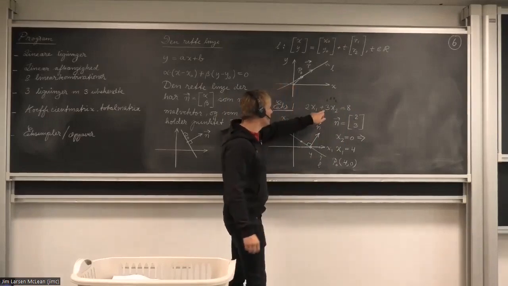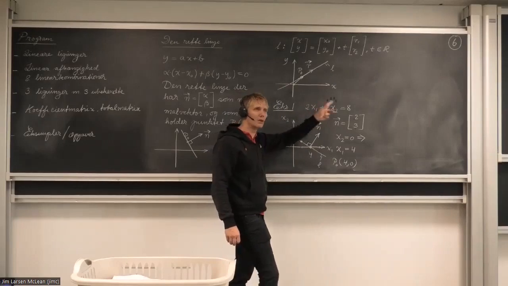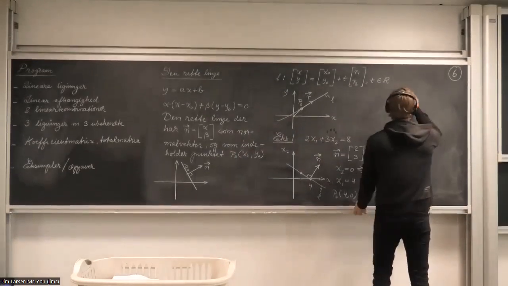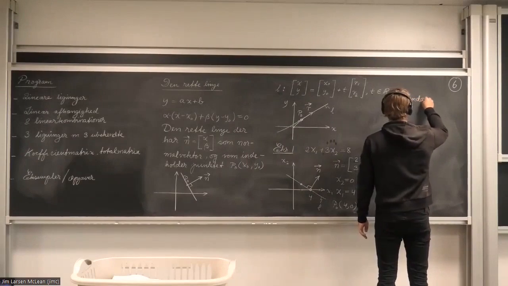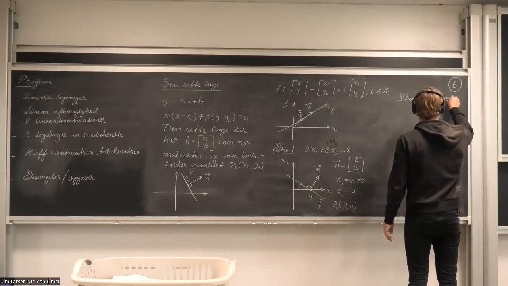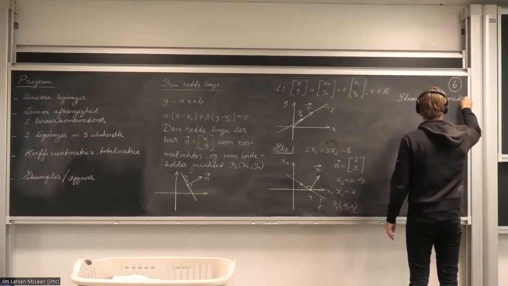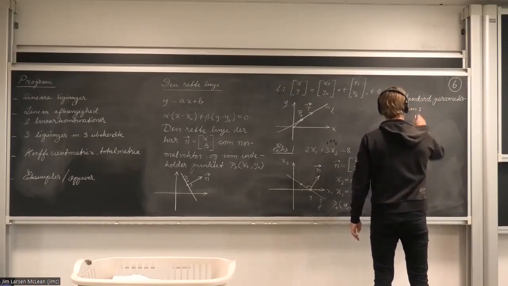So how do you express the solution to this equation in standard parametric form? Here it comes. What does this solution look like in standard parametric form? You do the following.